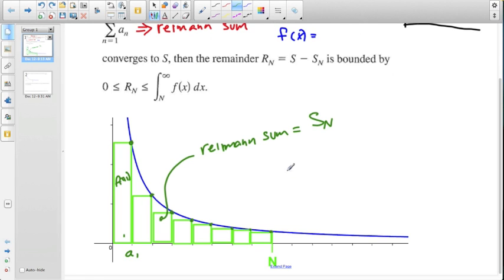And so then if we look at the area from an integration standpoint, if we look at the area up to that point, we know that the value of the area is a little bit larger than the Riemann sum. So if we don't know the sum of the series, this would be the sum of the infinite series.